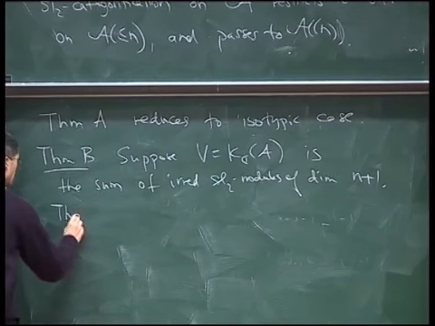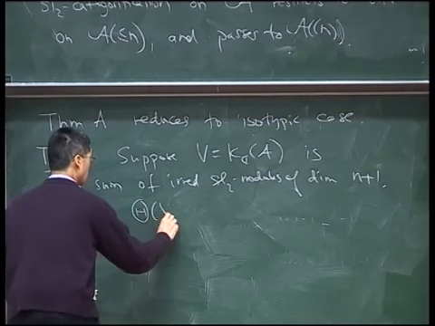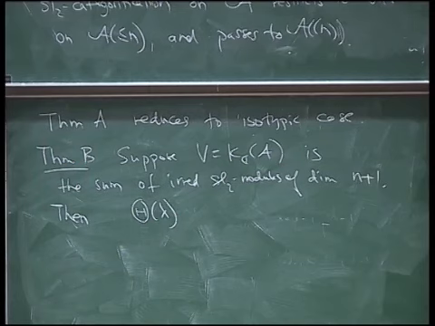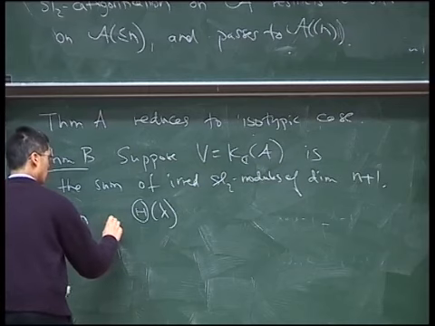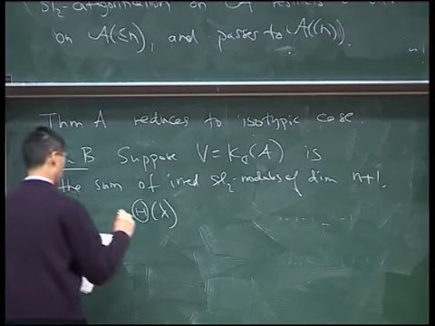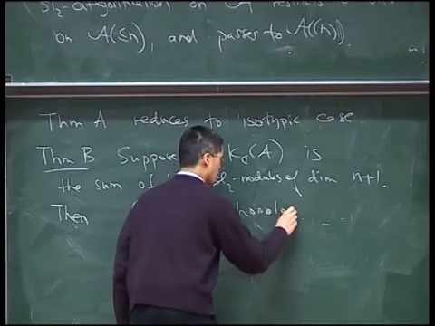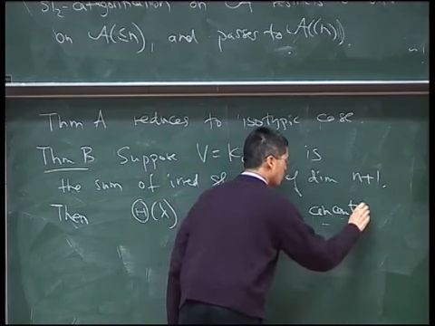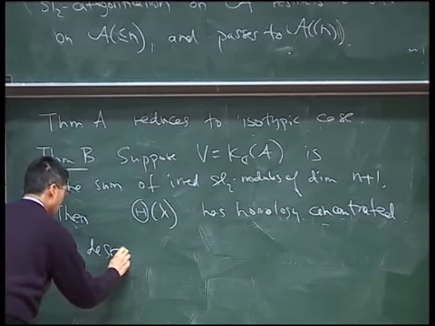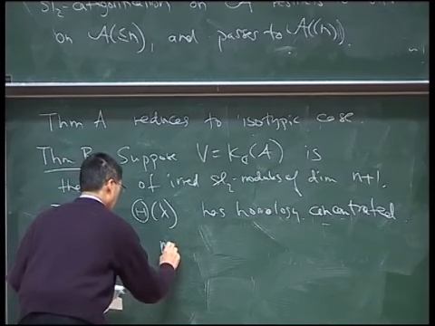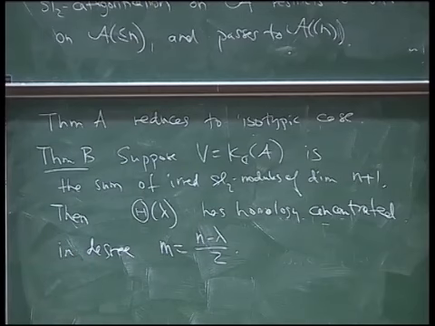Then this complex of functors defined by Rickard, when we restrict it to a weight space, has homology concentrated in a single degree, which is given by the formula (n - λ)/2.